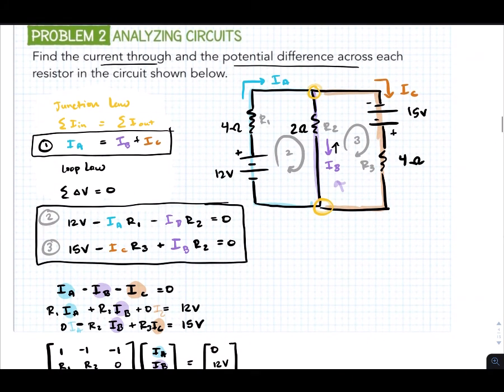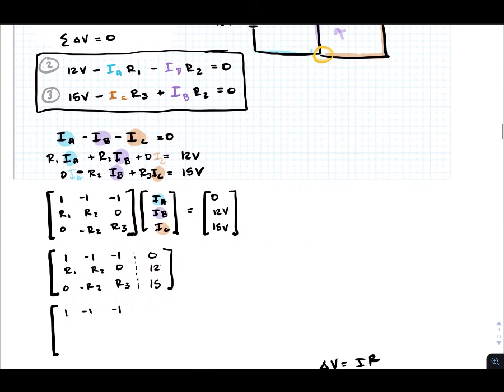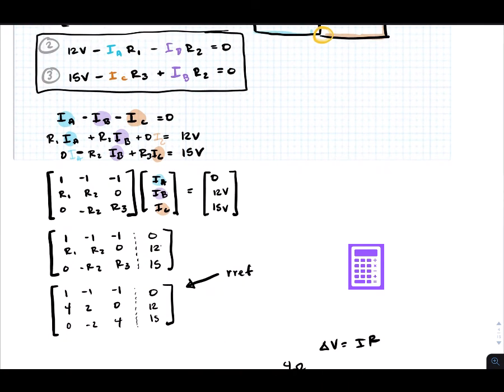So R1 is 4, R2 is 2, and R3 is 4. What we're going to do here is put this into our calculator as this matrix. This is a 3 by 4, and we'll do reduced row echelon form on this 3 by 4 matrix. This thing is just for our reference, but when you actually write the matrix out in the calculator, you don't need to do that. Let's make this a little smaller so we have some space.